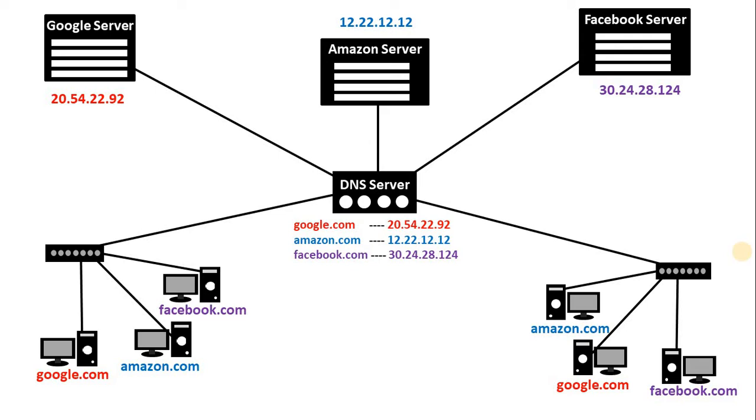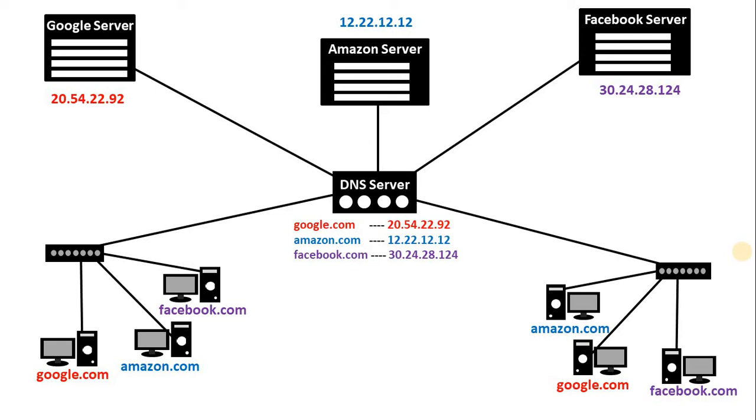At the top right corner you can see the Facebook server that has an IP address, and the Amazon server that too has a unique IP address, and you can see the client systems at the bottom left and right corner. They are trying to access those servers. A browser tries to access the Google server, the Amazon server or the Facebook server, and in between, our request moves to the DNS server.